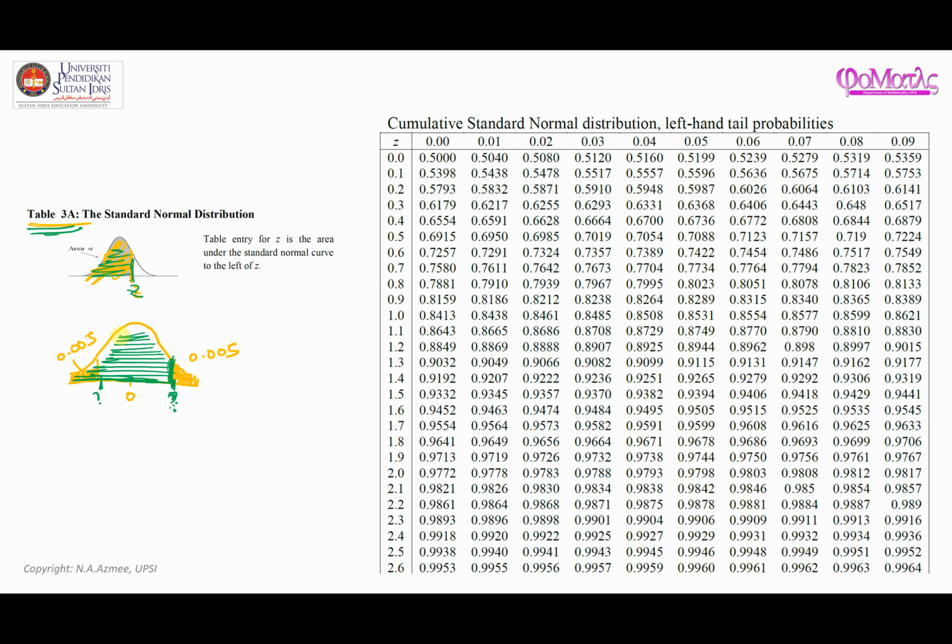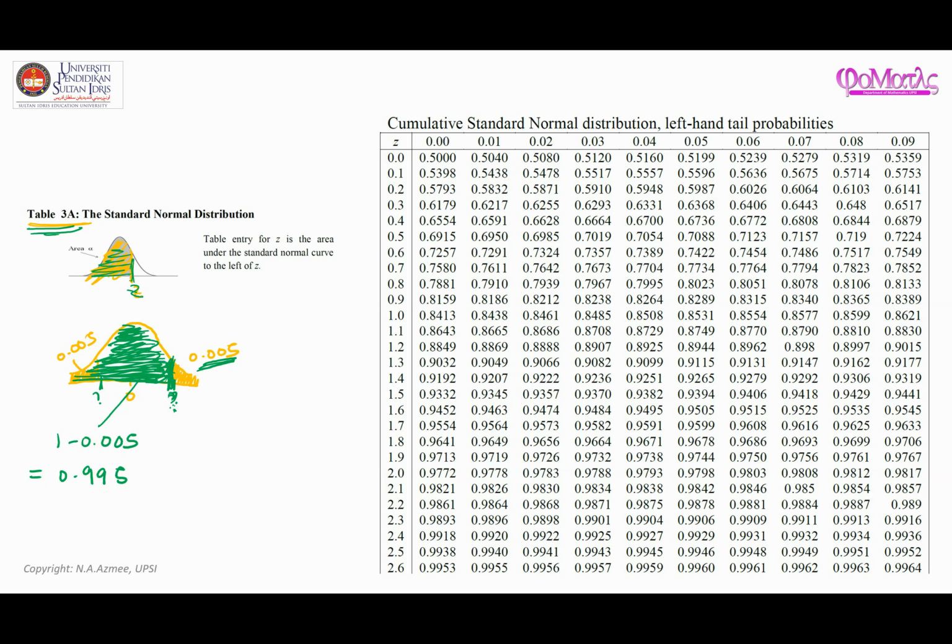So I know that the area here is going to be equal to 1 minus 0.005, right? So this area is 0.005. So the green area which I need to find from this point to the left is going to be 1 minus 0.005, and this is equal to 0.995.